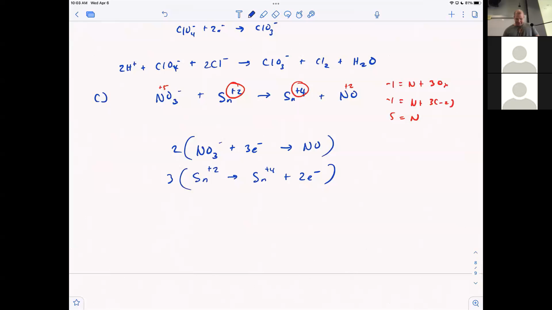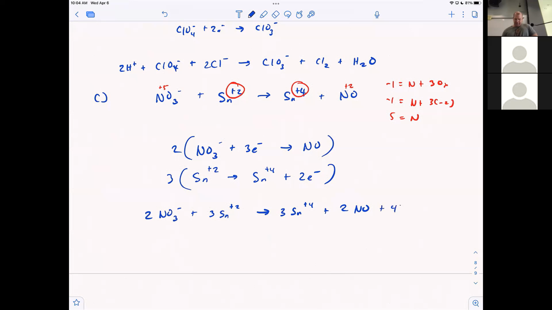So we have then 2 NO3 minus plus 3 tin plus 2 yields 3 tin plus 4 plus 2 nitrogen monoxides. So now we have 6 oxygens, 2 times 3, 6 oxygens on the left and 2 oxygens on the right.